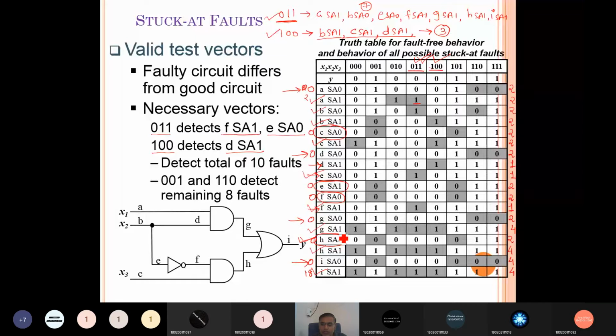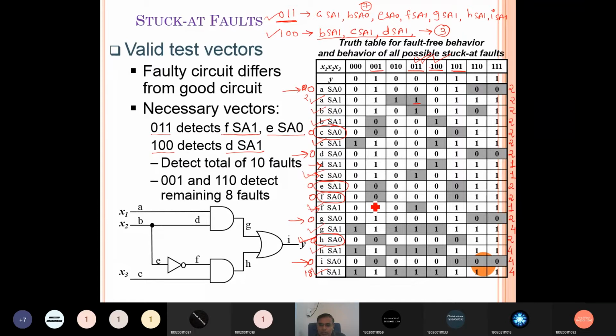So again we have to proceed and identify which input combination or test pattern can detect the maximum undetected faults. C stuck at 0 can be detected using 011, or also using 101, right? E stuck at 1 can be detected using 100, or E stuck at 0 using 101.